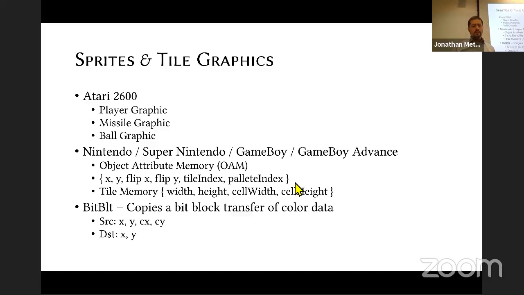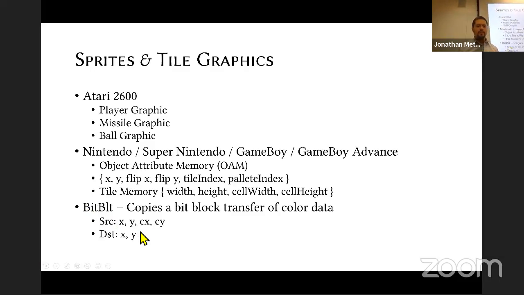The other approach is the BitBlit approach. The idea here is that this is going to copy a block of color data from one area of memory to another. This is something that got popular in the 90s because you're not limited to sprites. You basically use hardware acceleration to say, let's just copy this whole rectangle to this other rectangle in memory and do it quickly.